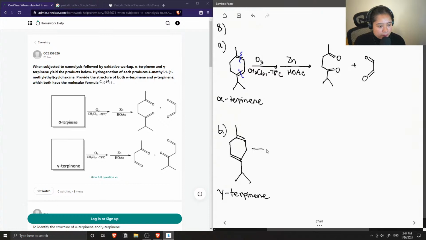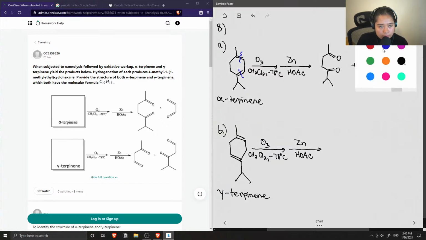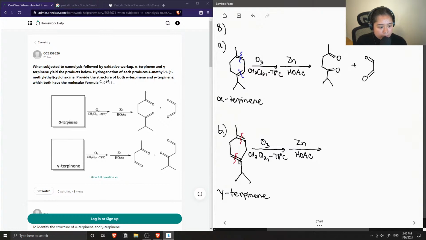And then I'm just going to draw in my conditions. And again, with ozonolysis, I'm just going to show where these bonds were cleaved to form our two fragments that were already given in the question.